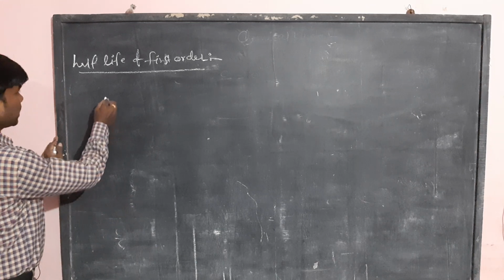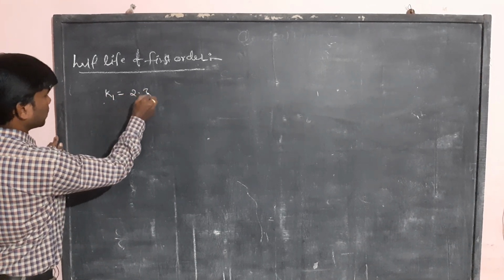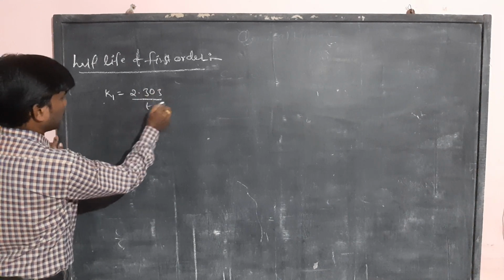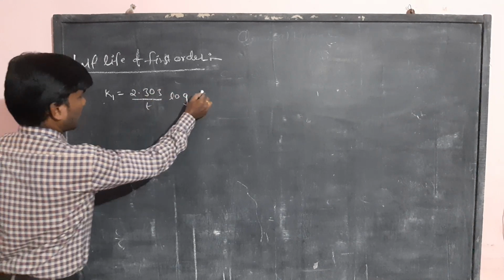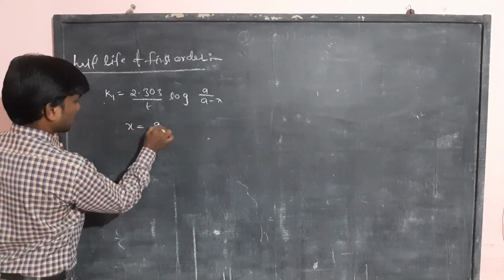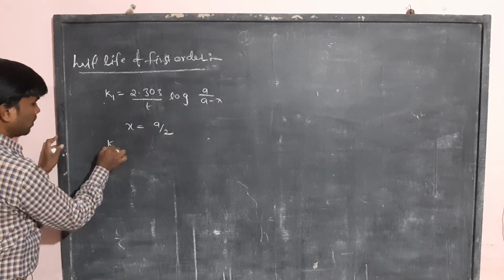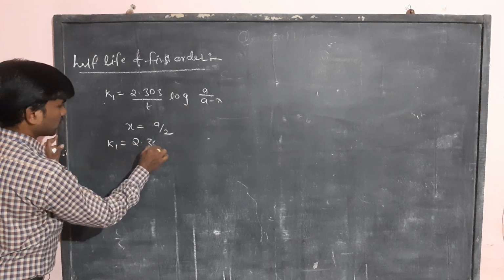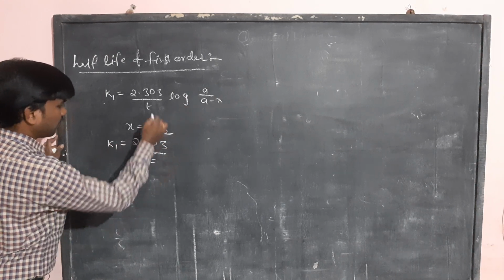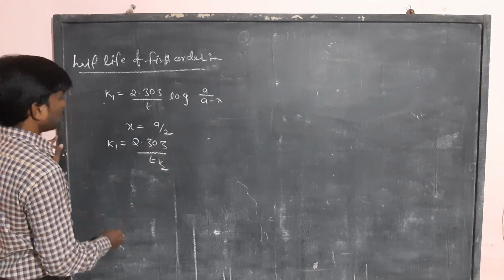According to the integral rate equation of first order, k1 is equal to 2.303 by t log a by a minus x. Here the x value is half of the initial concentration. So you substitute the x value in that equation, then t will become t half, because we are discussing half-life of a reaction.